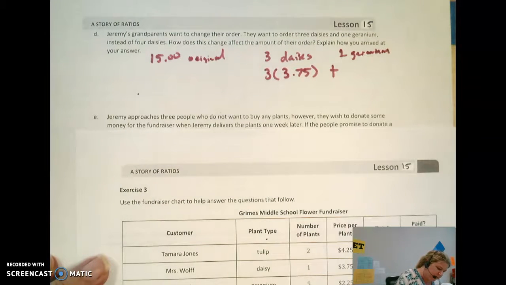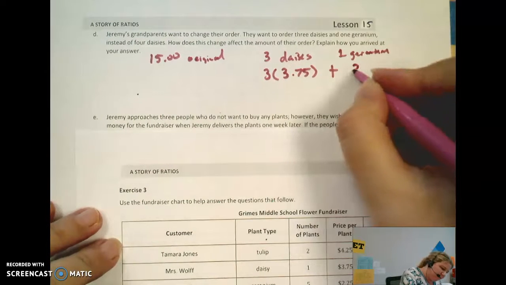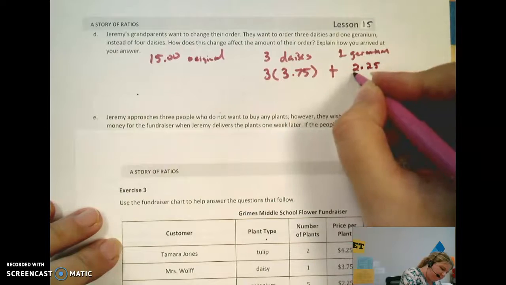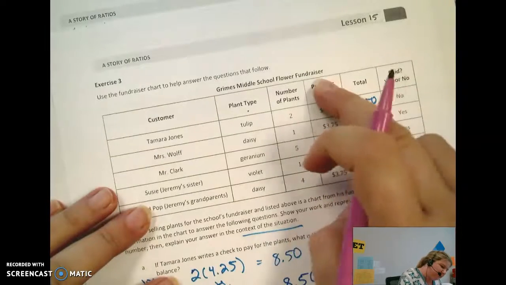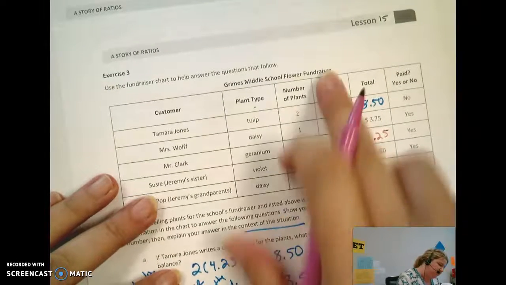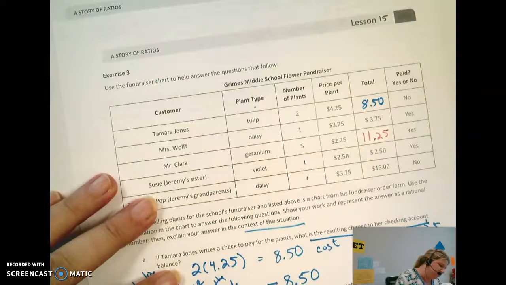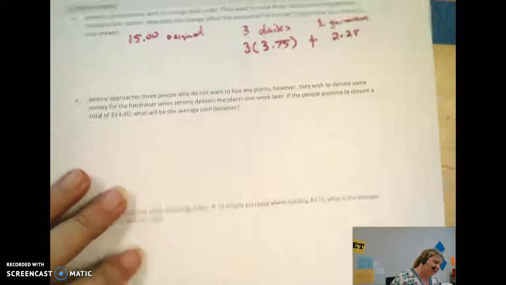Kind of curious what these flowers look like. I don't have the cost for 1 geranium, but I can find that. Oh, yeah, I do. Price per plant. Okay. Yeah, price per plant. Geranium is $2.25. Okay.